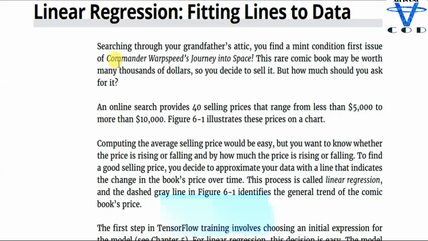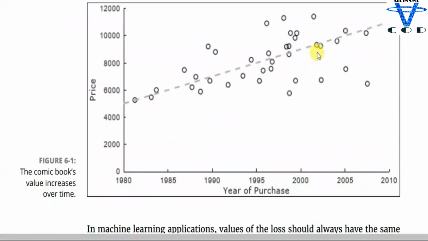An online search provides 40 selling prices that range from less than 5,000 to more than 10,000. You can see in this picture 5,000 to 12,000 price. This is the price range, not the actual price. We don't know the real price of the comic, but the price range is 2,000 to 12,000.